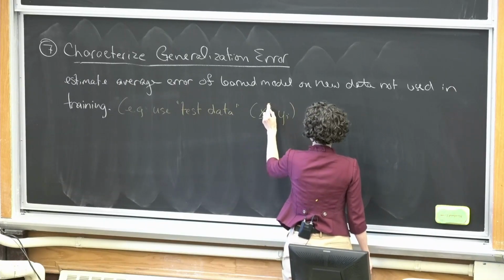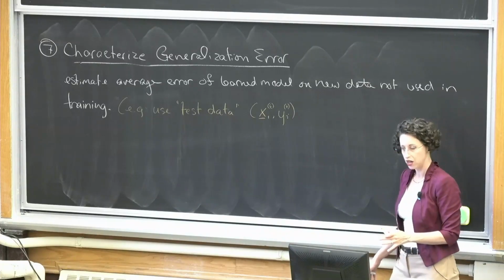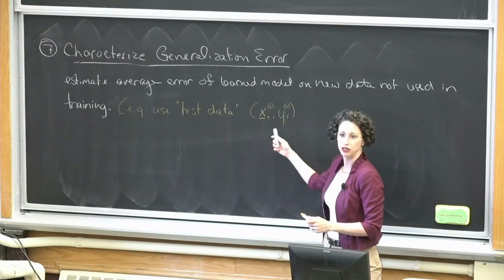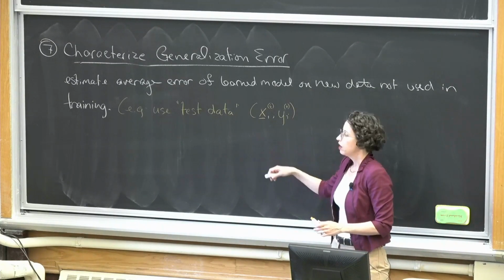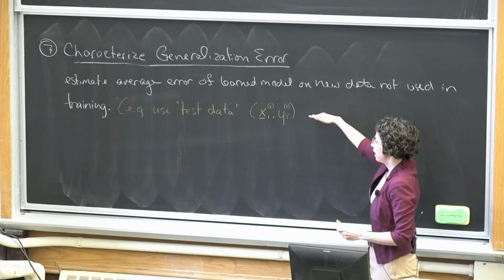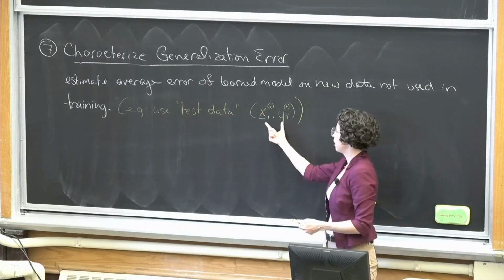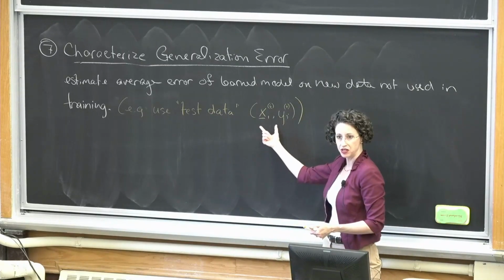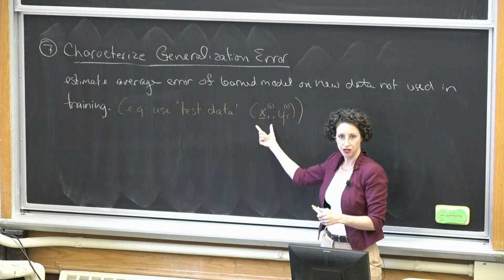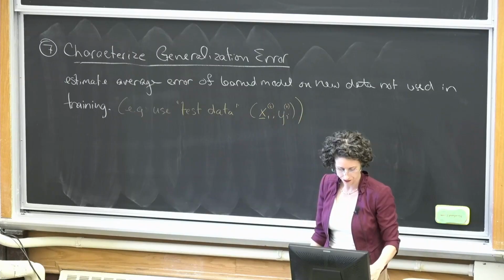Maybe I'll just put a little superscript t here for test. So these are different samples, but they've got the same features. The labels mean the same things. And so what we can do is learn a model on our training data, and then after the fact, take our test data and evaluate how many times we make a mistake with our learned predictor on this test data. And this is telling us our generalization error.